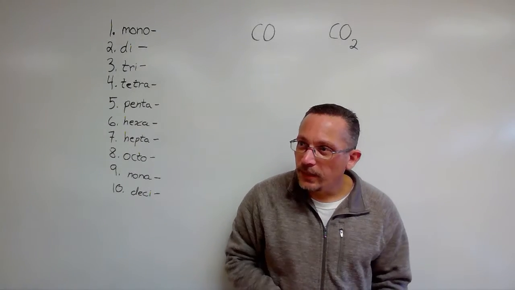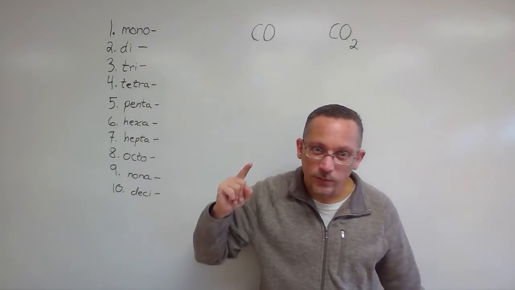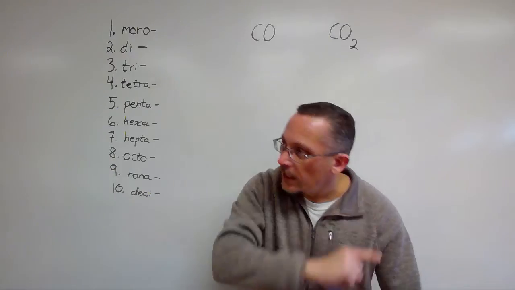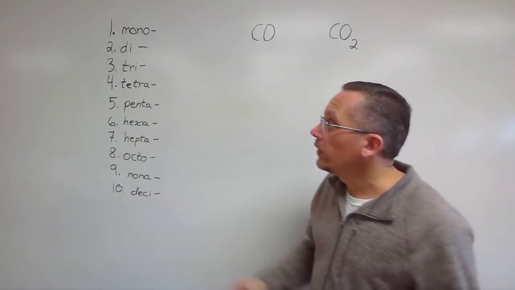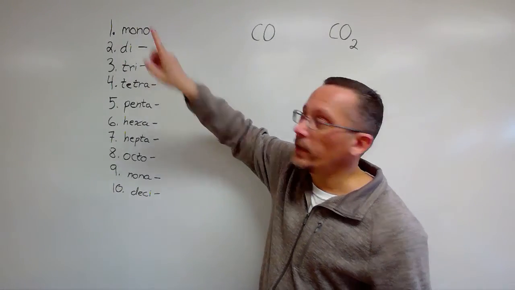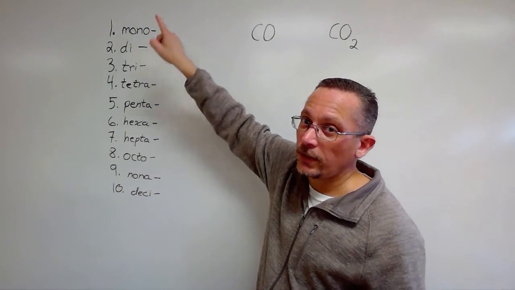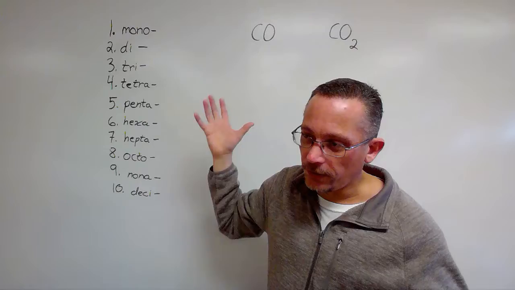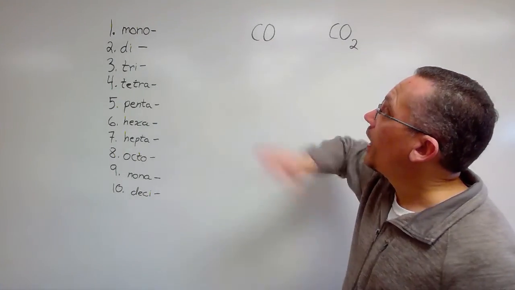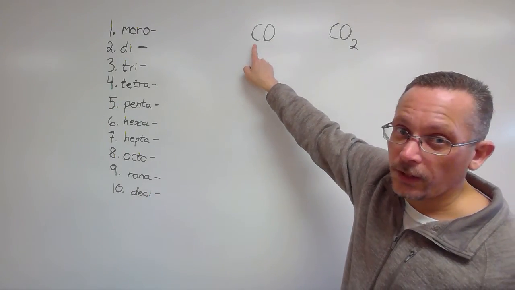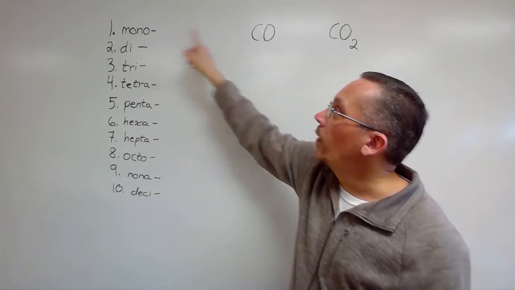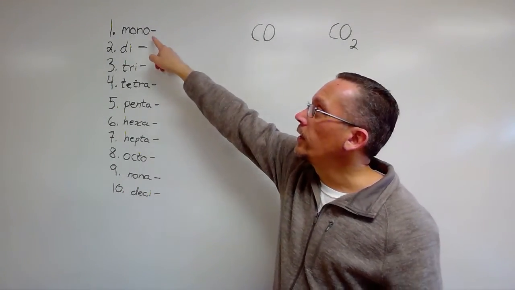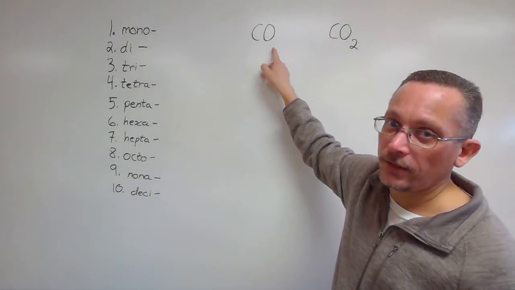But one weird thing about how we do this, because there's always one weird thing about how we do this, is in the first word in the compound's name, we never use mono. We never use, if there's just one, mono in the first word. So when I look here, you see there's just one carbon and one oxygen. So I would call this monocarbon and then monoxide, right?